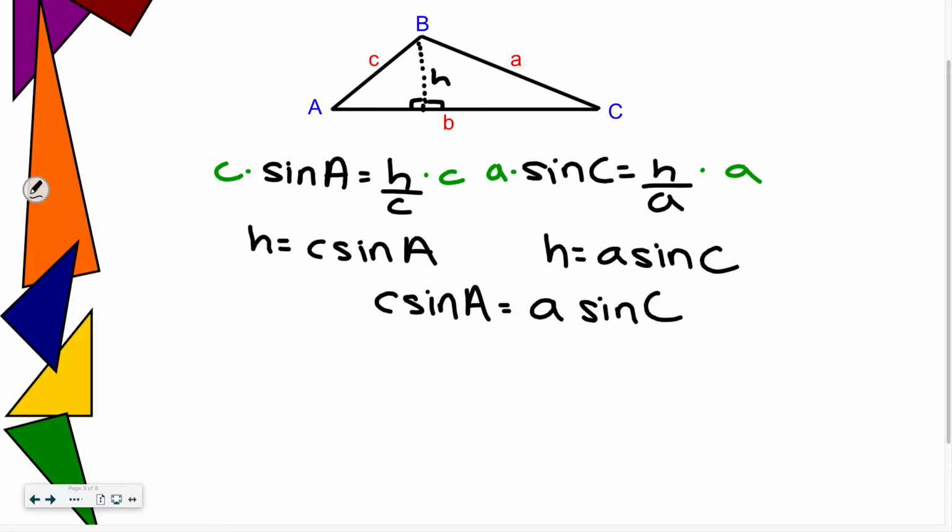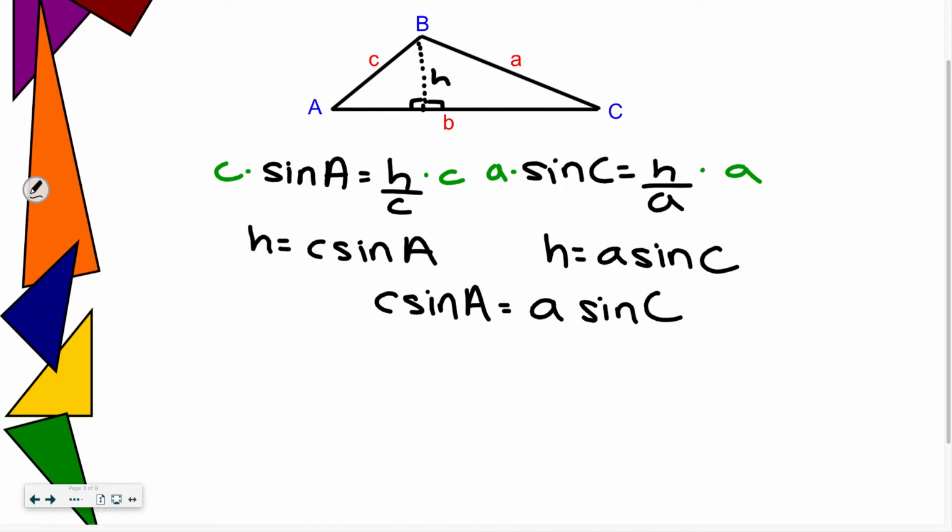All right, what's sort of happening here that's kind of interesting is, do you see on this side we have side C and angle A? And on this side we have side A and angle C. I'm going to do some algebra, manipulating my equation so that the C's are on one side. They're different measures. One is an angle and one is a side. And the A's are on one side.